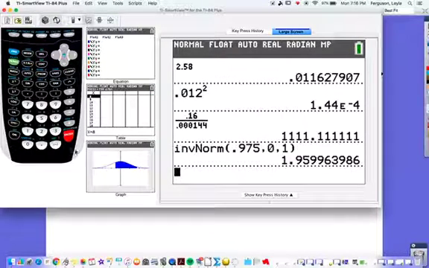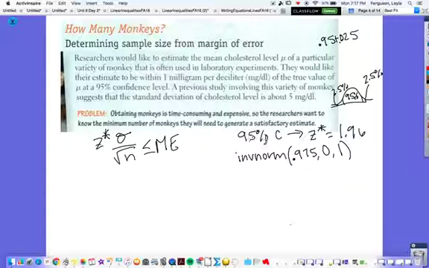And whenever you do that, you would get 1.959963986, but that would round, of course, to 1.96. Remember, anytime you're using a 95% confidence level, your Z star that corresponds with that is always going to be 1.96. So, you also know that your sigma, it tells you, is 5 because it came from a previous study.